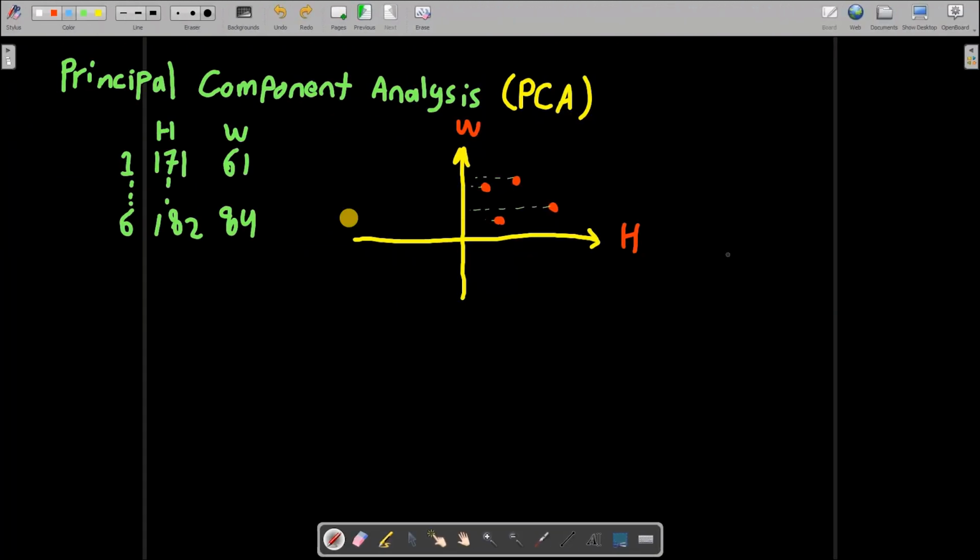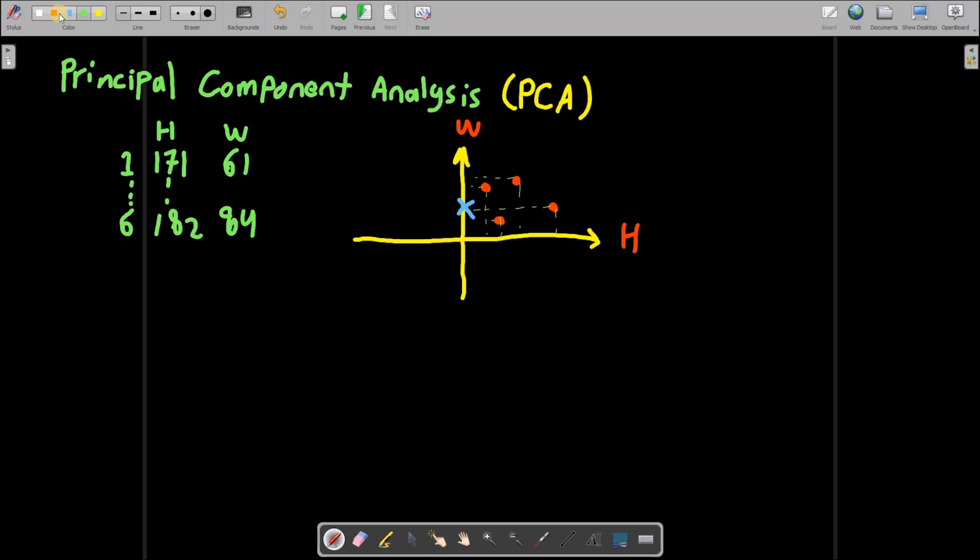Now if we take the average here, after they are projected, let's say that the average value is located right here. We will do the same thing and project all of this data on the h-axis like that, and then we will calculate the average again.